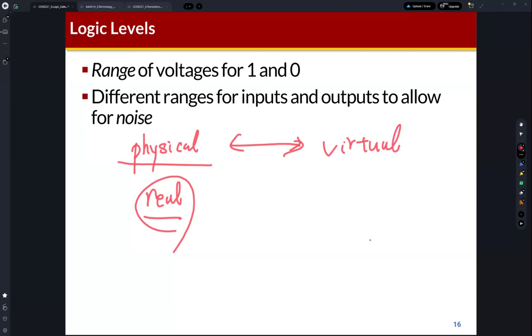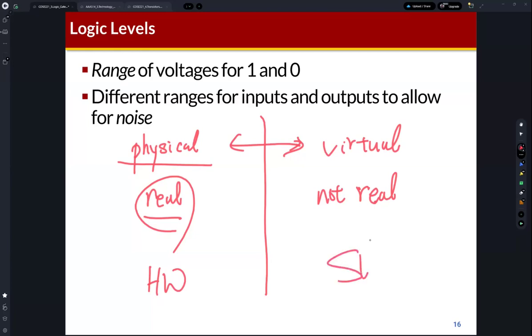It's not real. We can say that physical is related to the hardware, because it works in the real world, and virtual is the software.